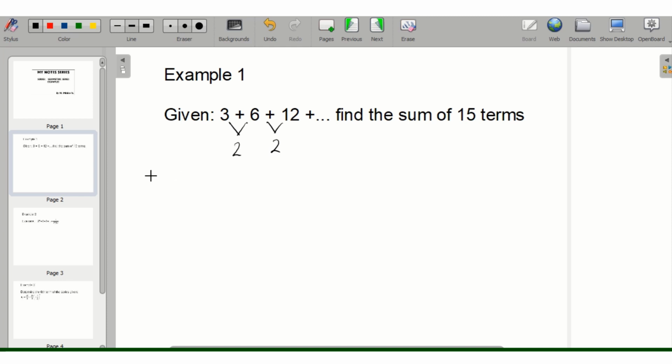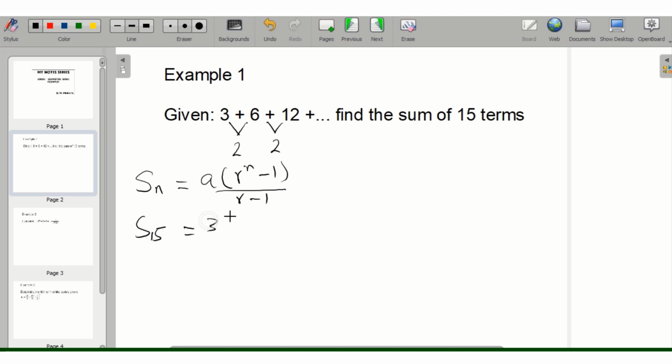So because we have a geometric series, we can write Sn equals A into r to the power n minus 1 over r minus 1. So we want the sum of 15.